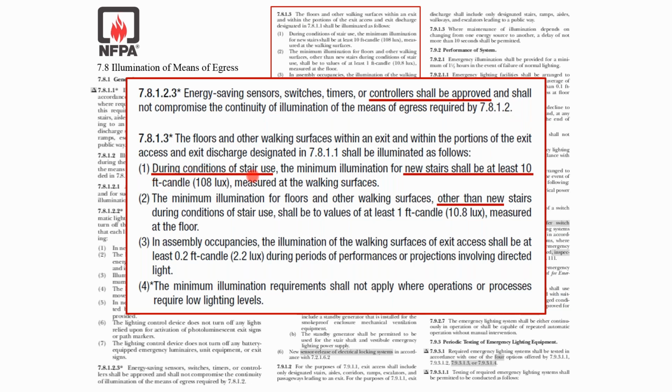During conditions of stair use, minimum illumination in new stairs shall be at least 10 foot-candles. Existing, other than new, it's down to 1 foot-candle. So if an existing building has considerably lower levels required, but in new buildings, it's much higher.